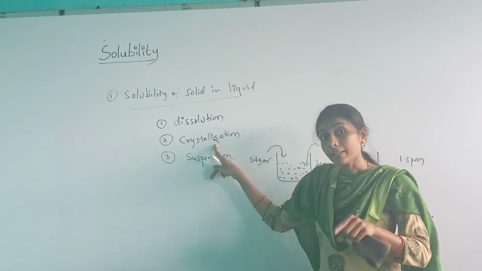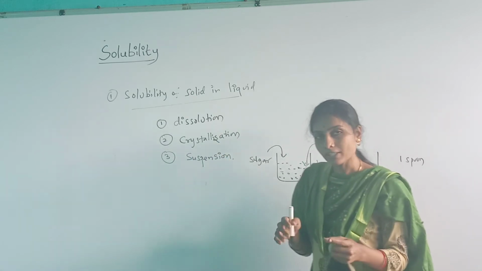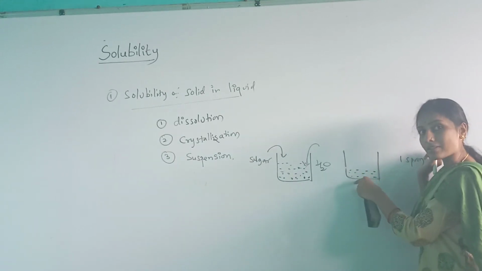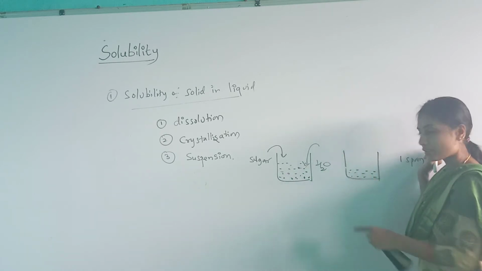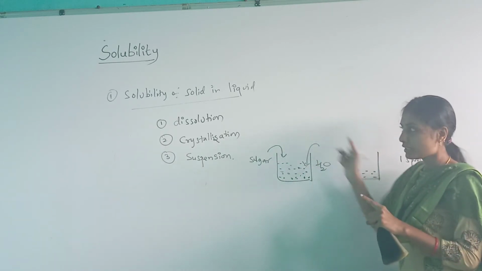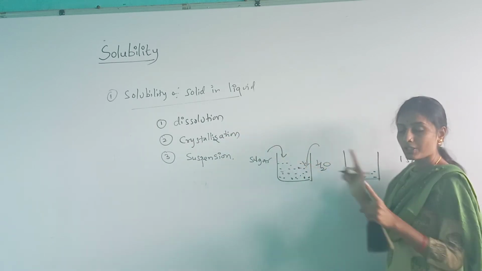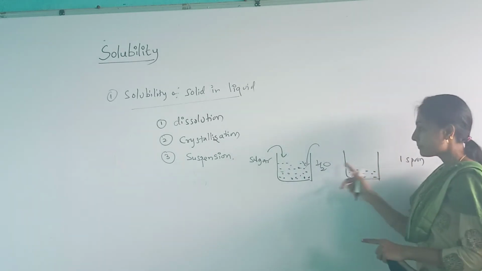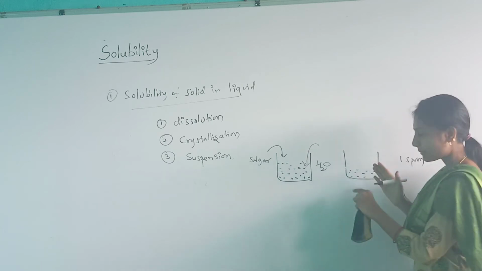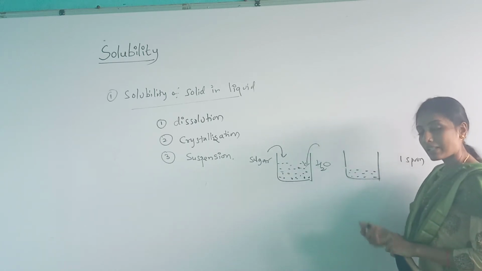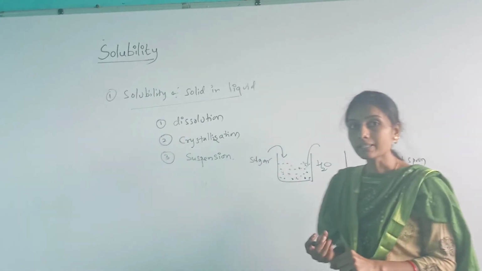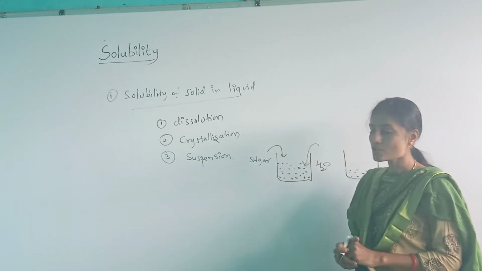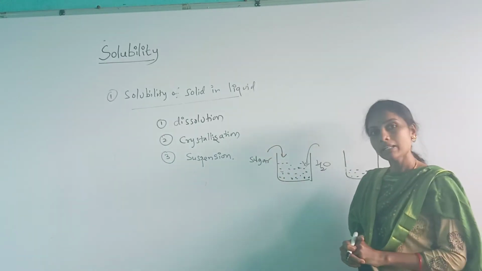If the water is constant at 2 spoons, but I increase the sugar to 2 spoons, that is our suspension. So 1 spoon sugar, 2 spoons water is dissolution. 1.5 spoons of sugar, 2 spoons of water is crystallization. 2 spoons of sugar, 2 spoons of water is suspension. This was about the solubility of solid in liquid.